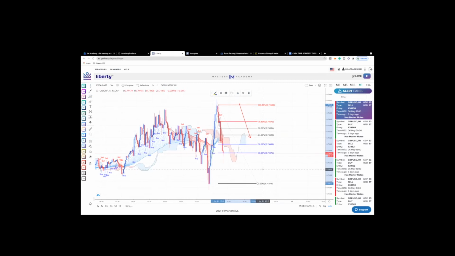The reason being is because from the top, we can find entries for a sell as the market pumps right back up. So what we're looking for here is this retest. You guys see this retest right here before it goes all the way back down? That's what we would do for a sell.